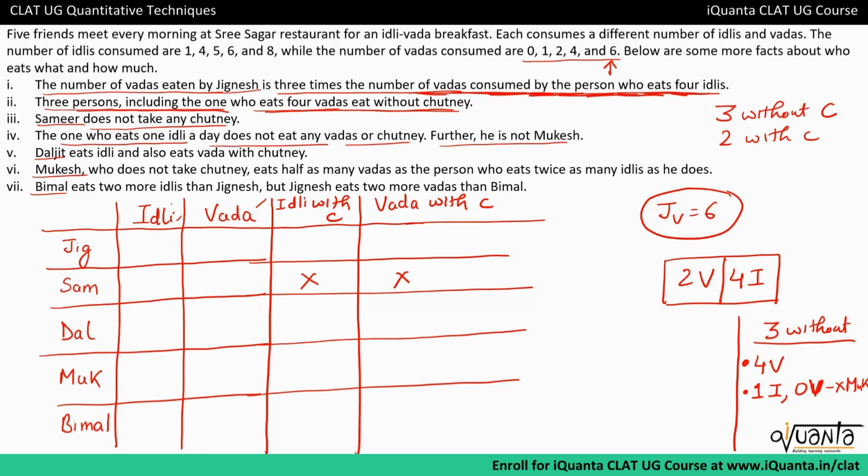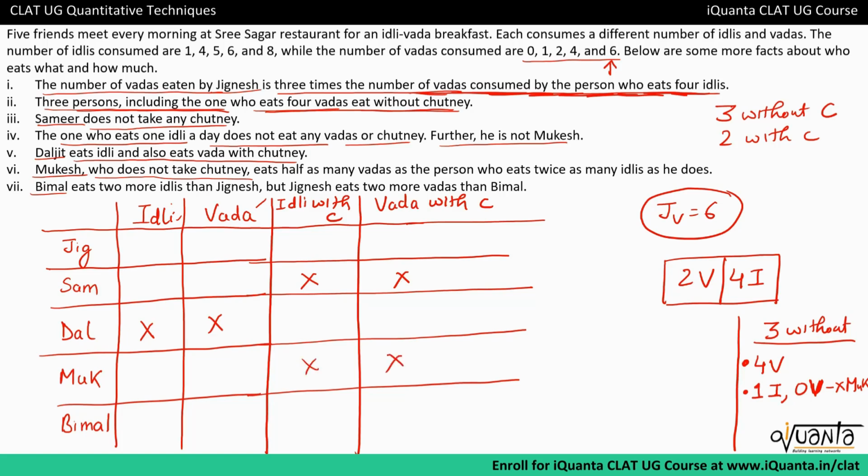Next clue is Daljit eats idli and also eats vada with chutney. So Daljit is the one who is eating with chutney. Daljit without chutney, I'll put crosses over here. Okay. Next clue is Mukesh does not take any chutney. So Mukesh is the one who is not eating any chutney. So with chutney for Mukesh, I will put crosses, right?